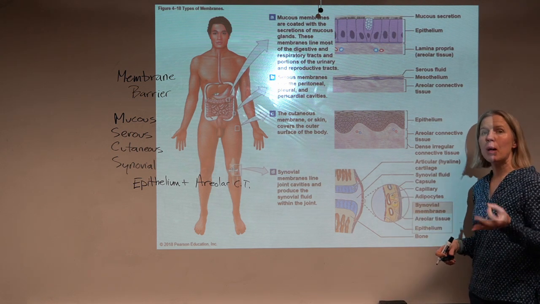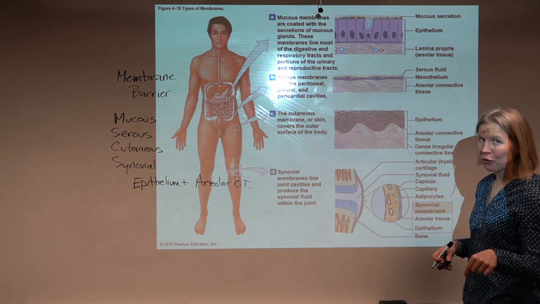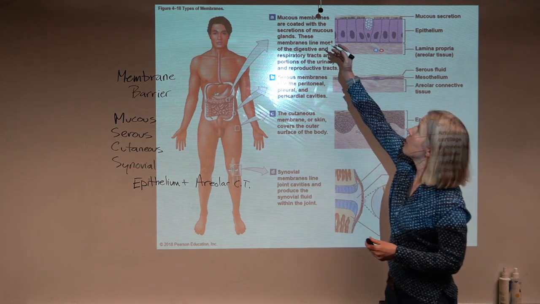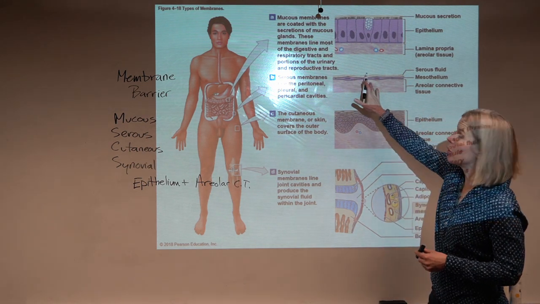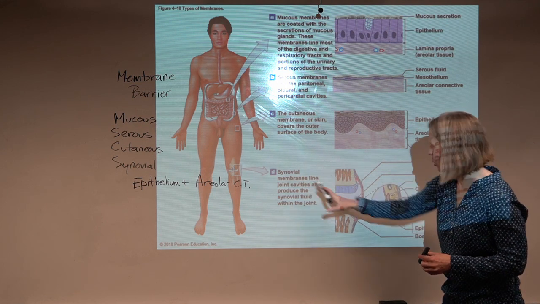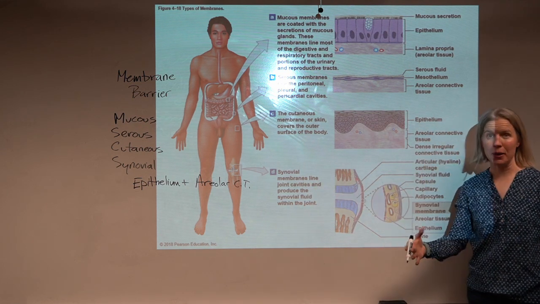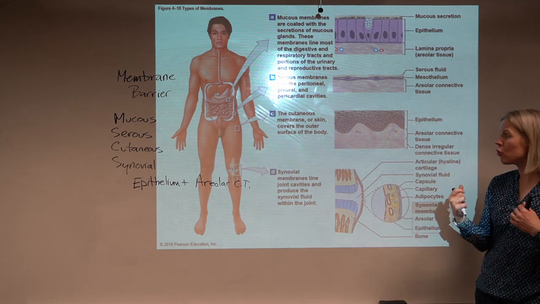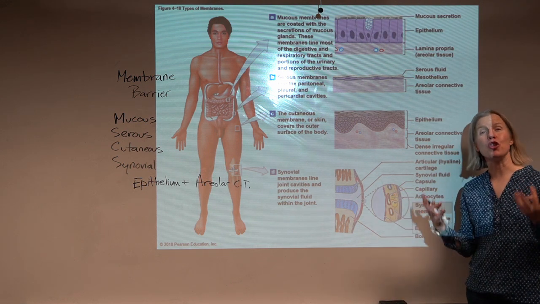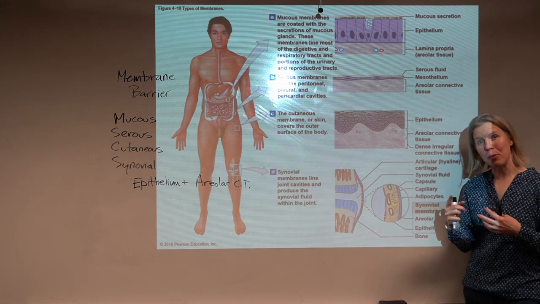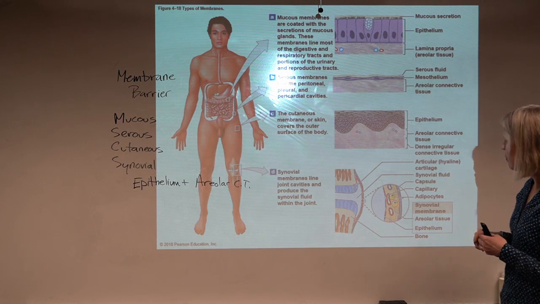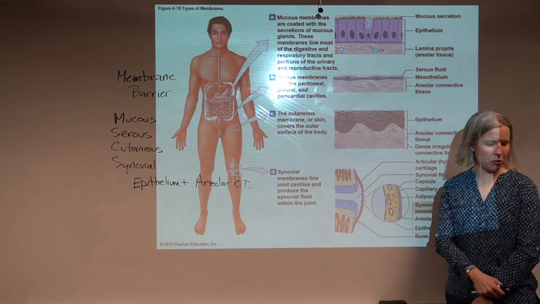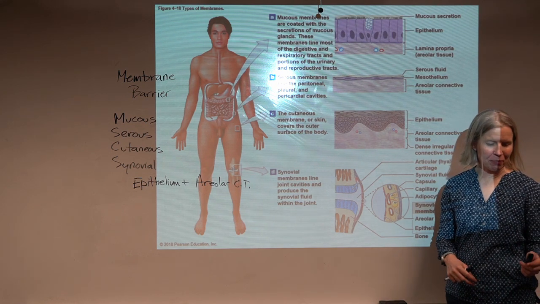right? These membranes produce synovial fluid, right? Look at this, mucous membranes make mucus, serous membranes make serous fluid, synovial membranes make synovial fluid, and that's just gonna lubricate this joint. It also helps nourish those cartilages. Remember, those are avascular, and so we can kind of squish some nutrients into them.